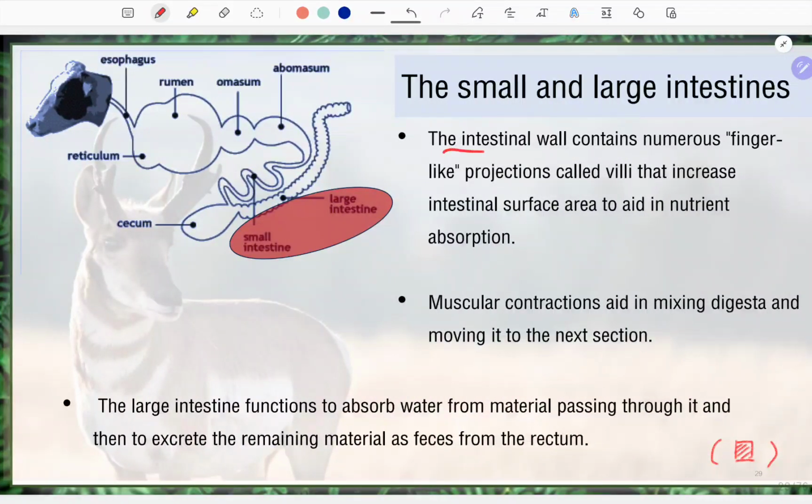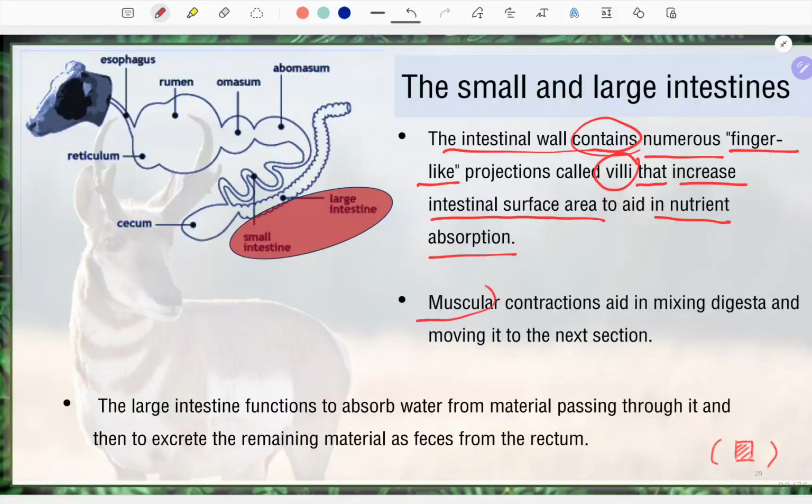The intestinal wall contains numerous finger-like projections called villi that increase intestinal surface area to aid in nutrient absorption. Muscular contraction mixes digesta and moves it into the next section.